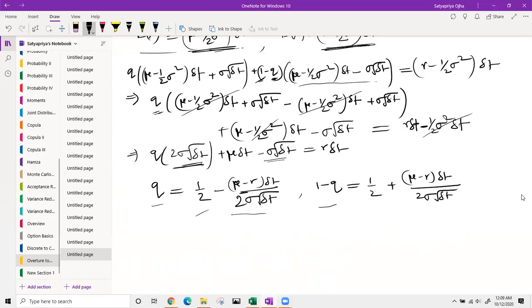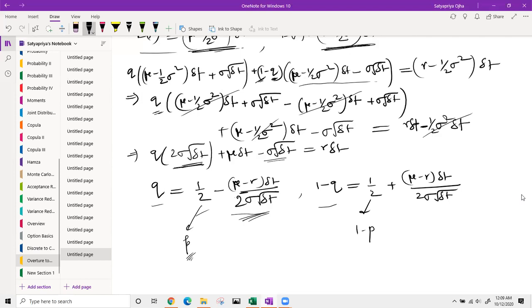Now you can see that these were my physical probabilities earlier. Remember 0.5, 0.5? We have adjusted the physical probabilities by a little bit. So this was the probability for up move. We have reduced the chances of up move by bringing it down.